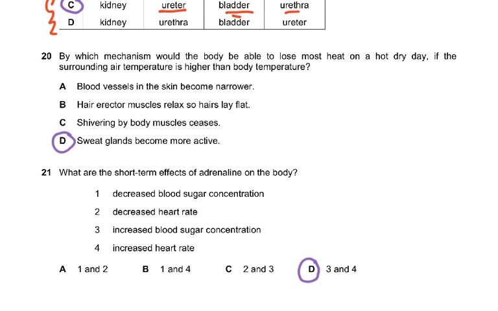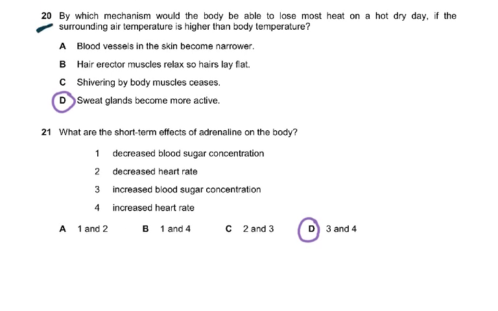Then question 20. By which mechanism would the body be able to lose most heat on a hot dry day if the surrounding air temperature is higher than the body temperature? You see, then you're going to gain that heat. These days it's very hot. It's the month of June. It's very, very hot.